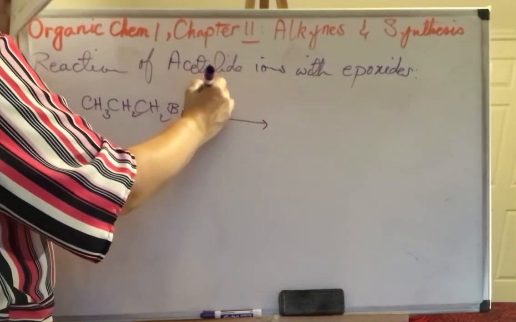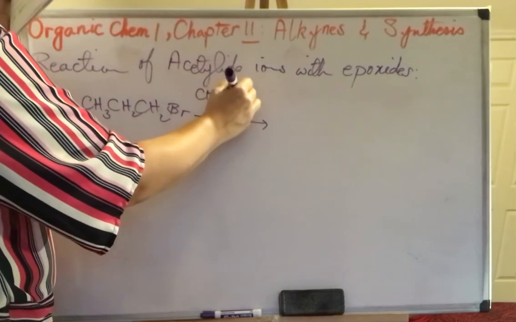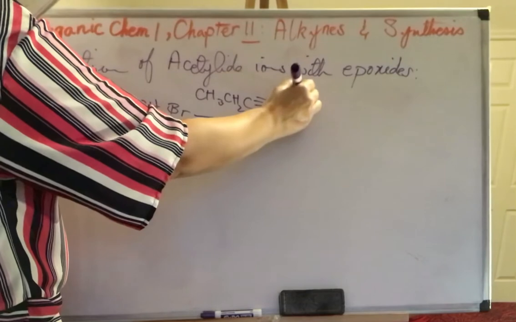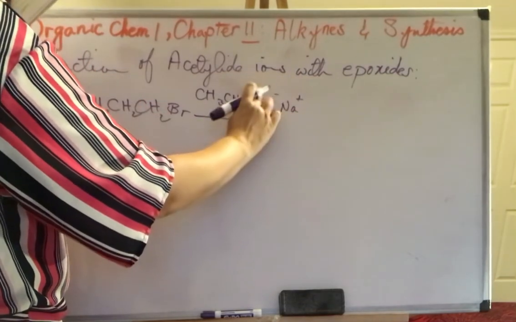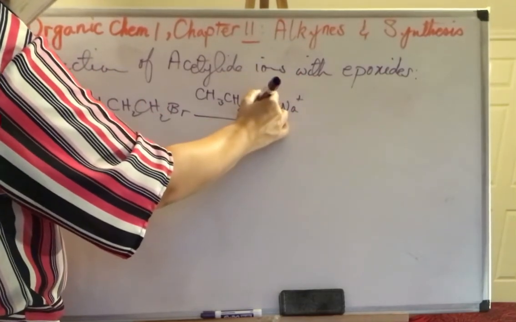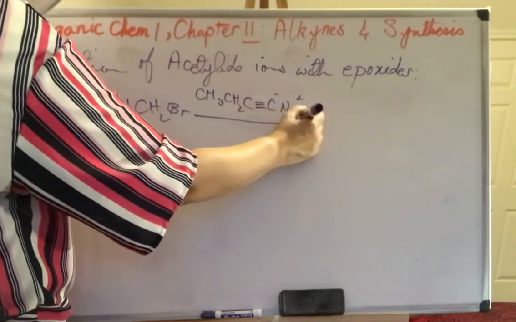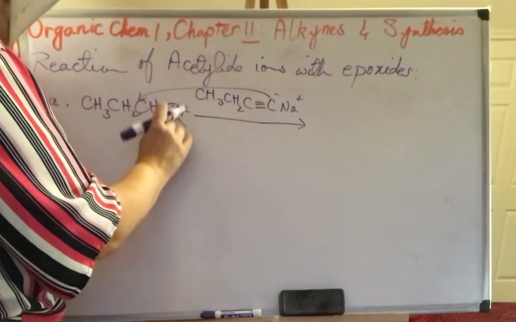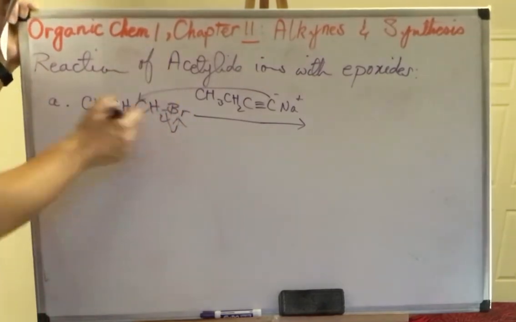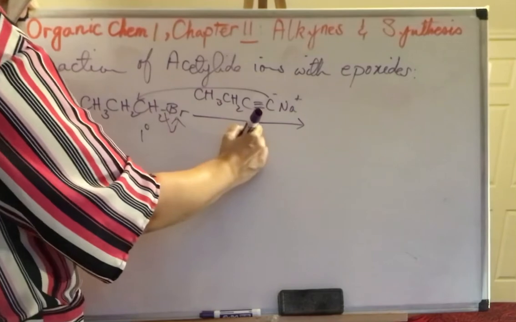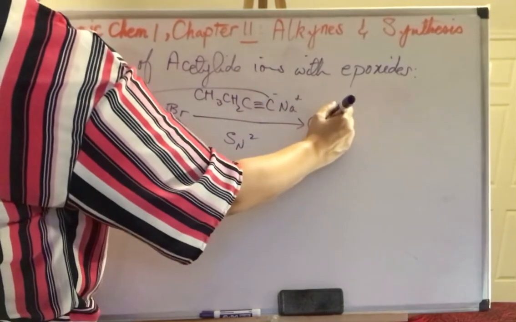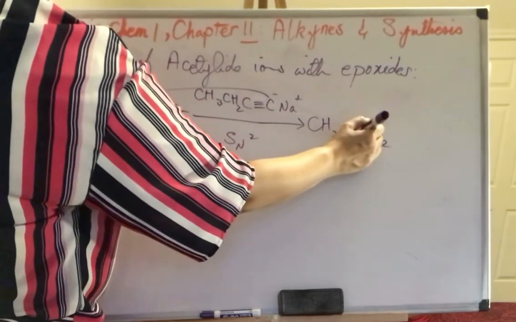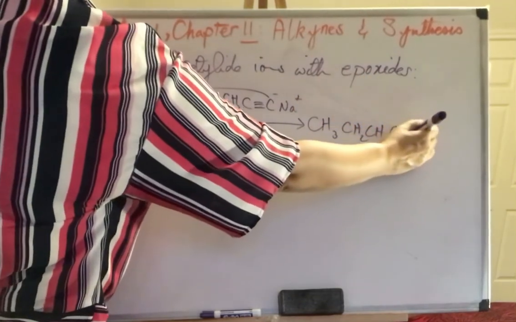We're supposed to add it to CH3, CH2, C. Okay, so this is going to attack and bromine is going to leave. So this is a primary alkyl halide. So we have an SN2 reaction, CH3, CH2, CH2 from the alkyl halide, and on the other side we have C.